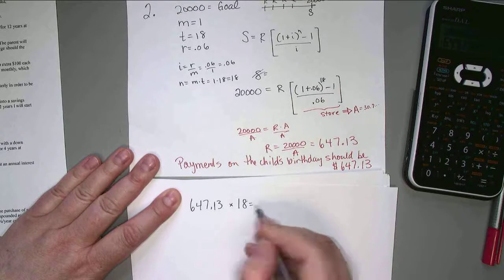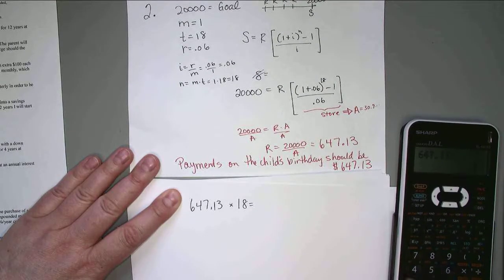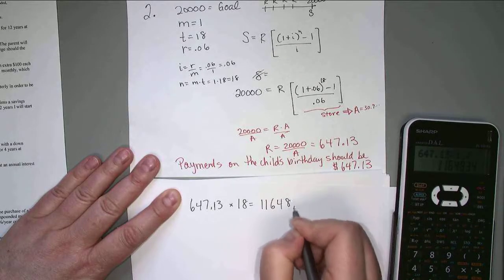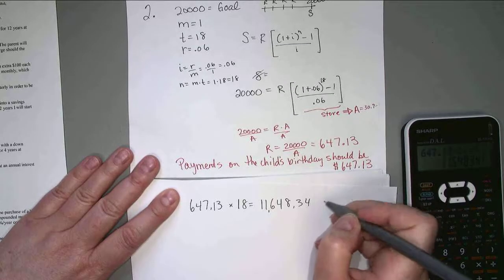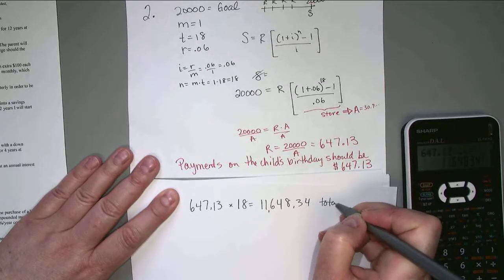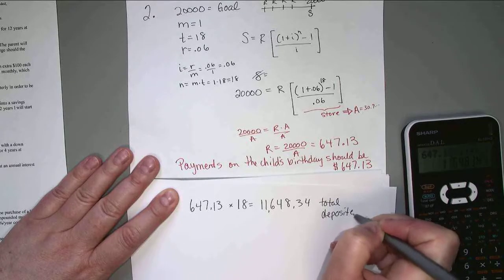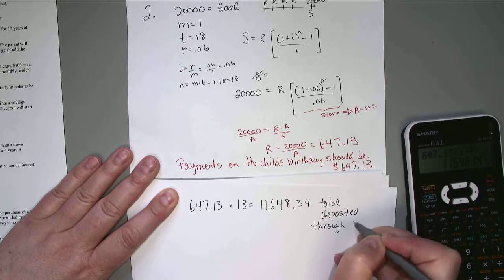So let's just see what that works out to be. 647.13 times 18. So 11,000 is the deposits, total deposited through annual payments.